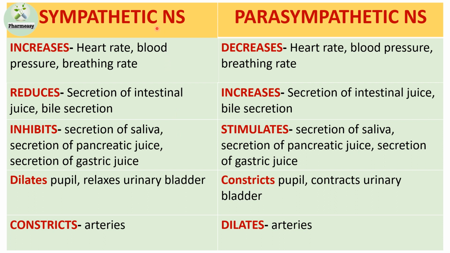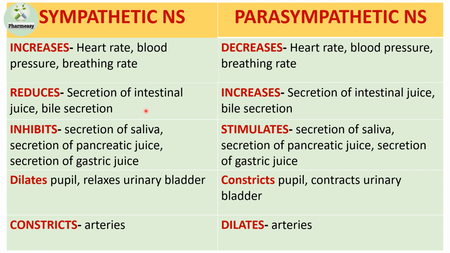As you know, sympathetic nervous system activates in the condition of fear, fight, and flight. So, your heart rate, blood pressure, and breathing rate will be increased. And in parasympathetic nervous system, heart rate, blood pressure, and breathing rate will be decreased or normal.